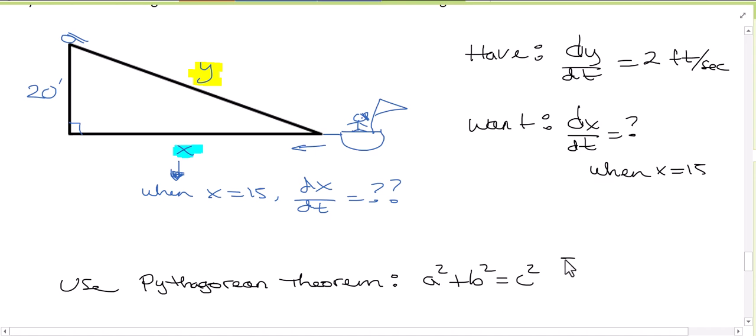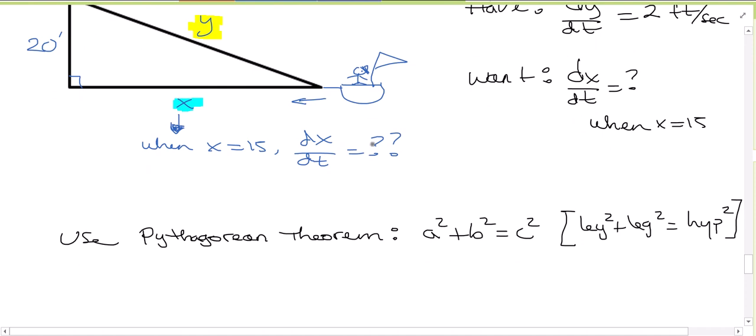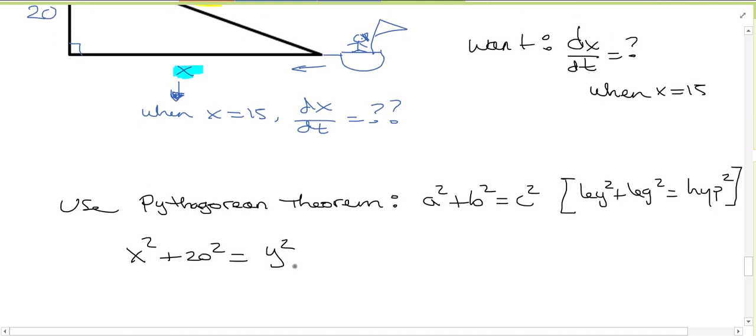Sometimes I prefer to remember it as leg squared plus leg squared equals the hypotenuse squared. And so in this case, looking at our picture, we have x squared plus 20 squared equals hypotenuse squared, which equals y squared. And so that's our equation.